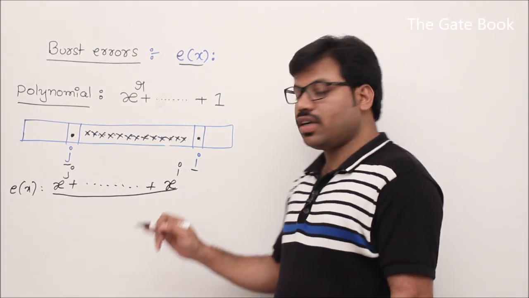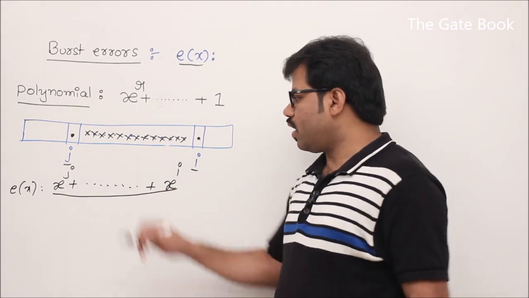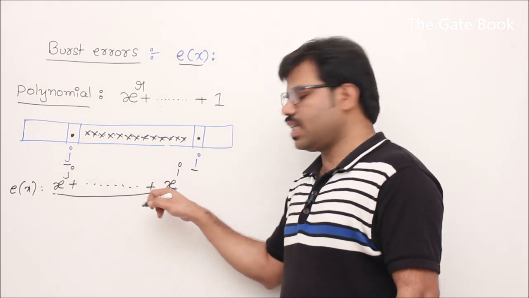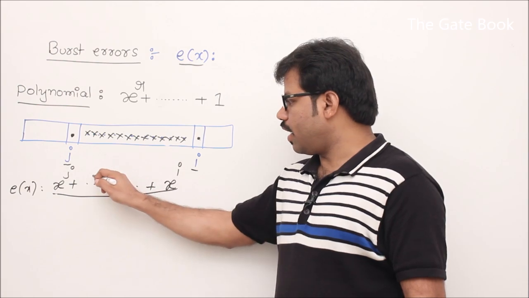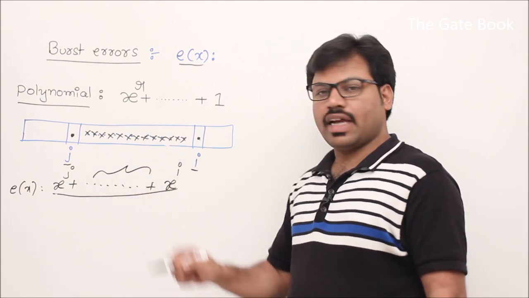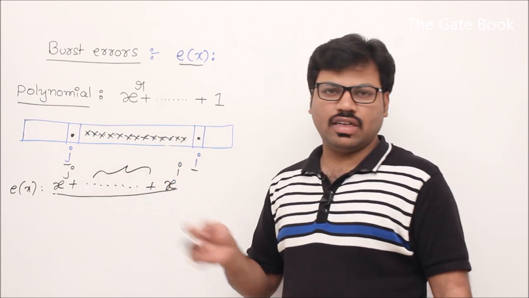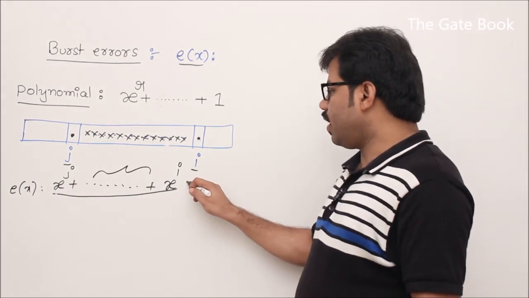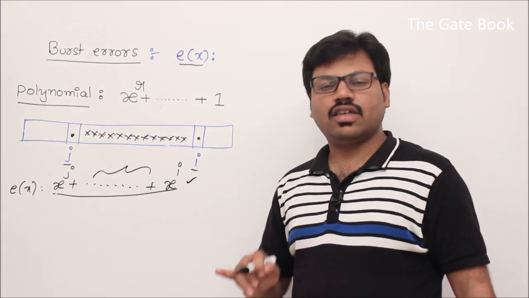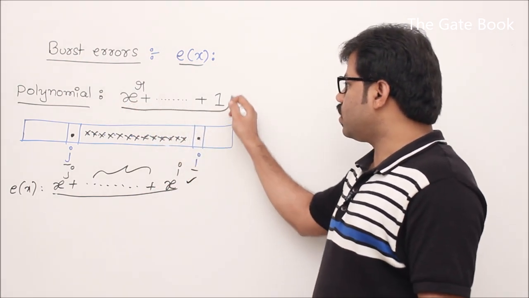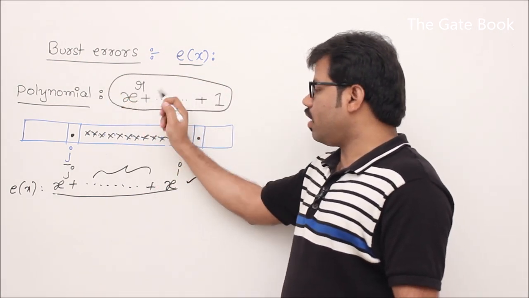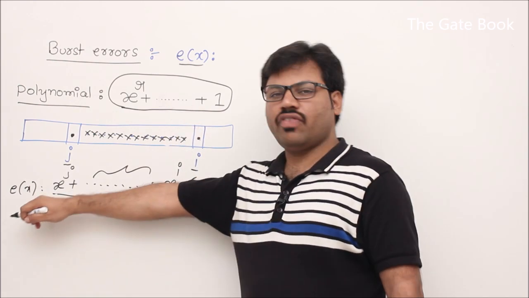It is quite similar to a 2-bit error, correct? In a 2-bit error you have only two terms, x power j plus x power i, but here you have x power j plus some other terms, and I don't know how many terms there are. It depends on how many bits get corrupted. So at this moment let's take this as the burst error. Now we have to study polynomials and check what kind of polynomial divides this kind of error.